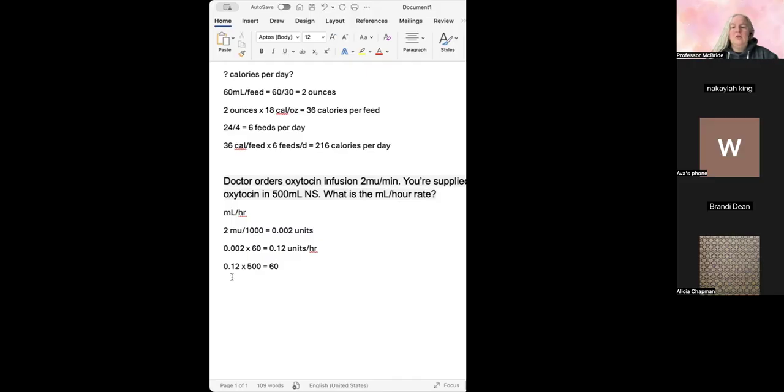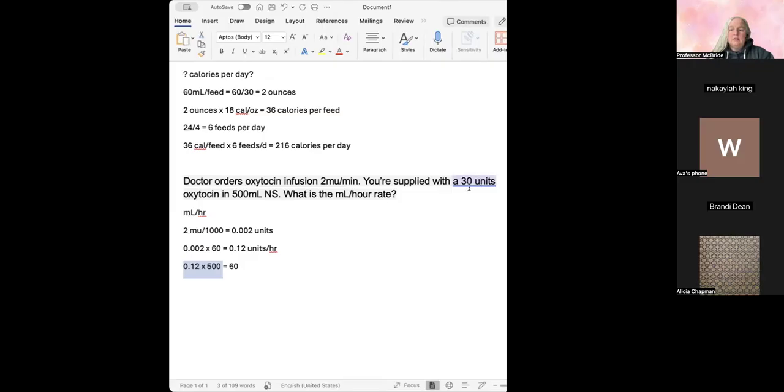We took our dose and times it by the number of milliliters in our bag, but we still have to take into consideration that the 30 units is what's in the bag, and we're going to give 0.12 units per hour. So we could do this and then divide. The way I would actually set this up is I try to get problems to the point that I can use want over have times volume.